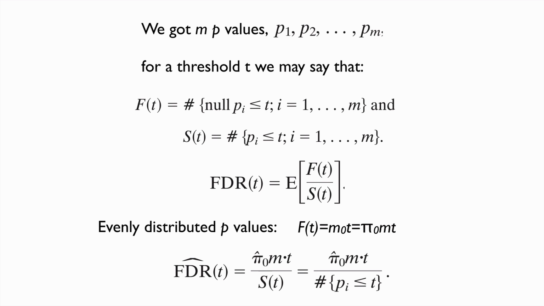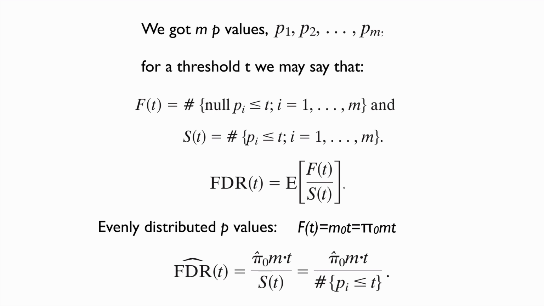Similarly, we can quite easily make a function S(t) that reports the number of p-values below a t-value, regardless of whether they belong to the null or alternative hypothesis. So this is actually very easy to make. It's just counting the number of p-values below a certain threshold. If we had those two functions, we could calculate the expected value of the fraction of them, namely the false discovery rate.